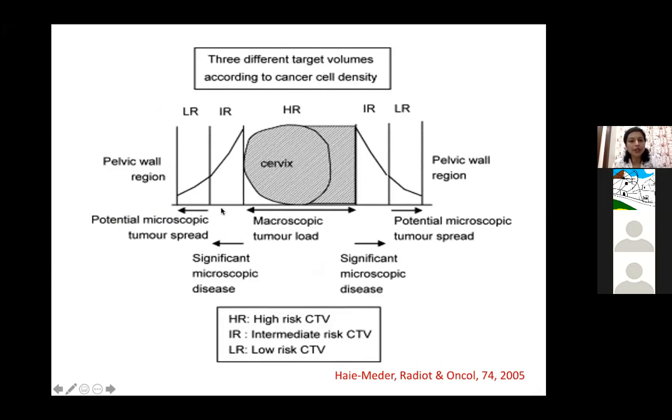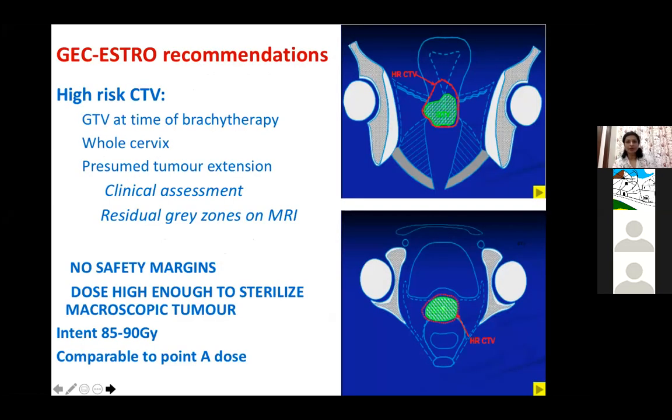And the potential for microscopic disease area is the intermediate risk region. Now this is also in reference to the ICRU 38, 60 Gy reference isodose volume. And the potential for microscopic disease, this is the low risk volume. So based on these, we have the recommendation.